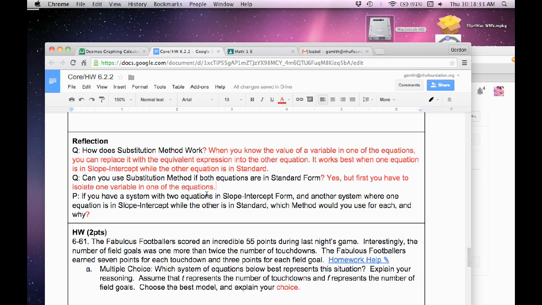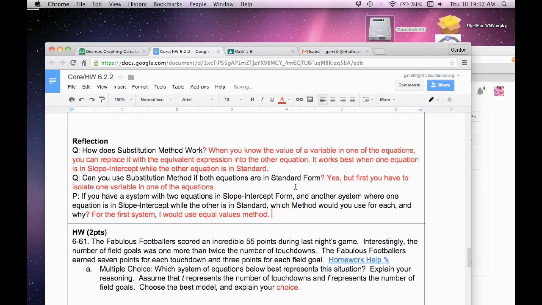Okay, so if I have a system with two equations in slope-intercept form, I'm probably going to use the equal values method. That means if they're both in y equals form, I would use equal values method. So for the first system, I would use equal values method because that works really well with slope-intercept.